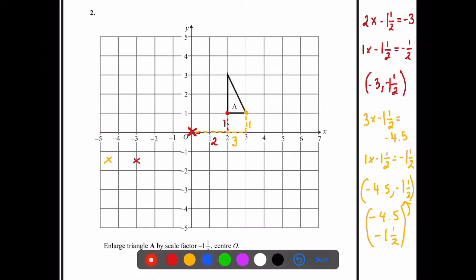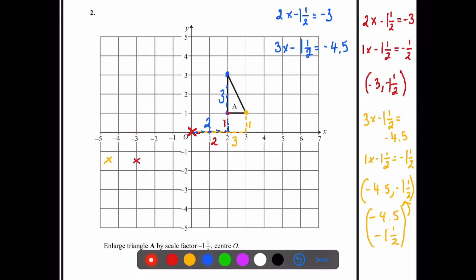Okay, so now finally what we're going to do is we're going to find this point here. And to get to that point, we went across here, 2, and up, 1, 2, 3. Okay, so we need to do then 2 times -1.5, which gives us -3, and then 3 times -1.5, which gives us -4.5.